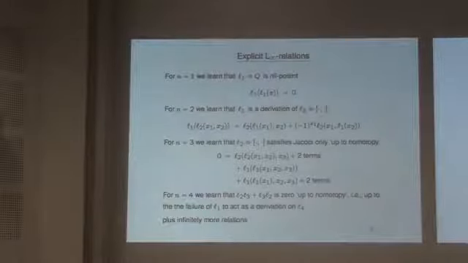So this is the failure of L1 to act as a derivation on L3, and if you have an L3 that is non-trivial, you can relax the standard Jacobi identity. And then it continues forever. For n equal 4, you get this combination here. And there's a potentially infinite set of relations.